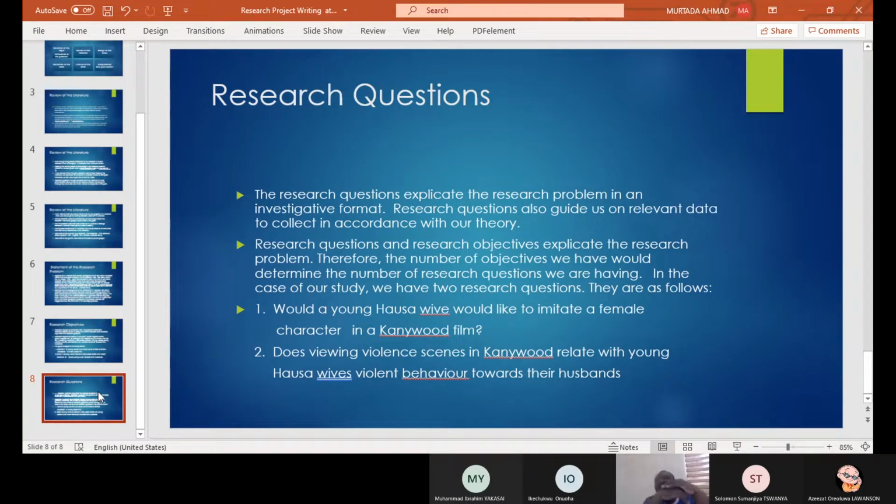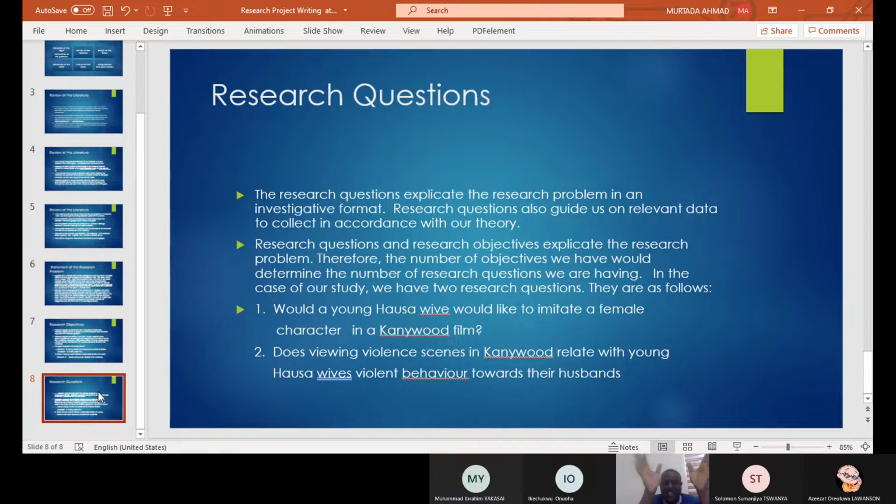And when the second reader reads your project, they will be able to tell that the research questions are very effective in directing the writing of the research. Research questions also guide us on relevant data to collect in accordance with our theory.